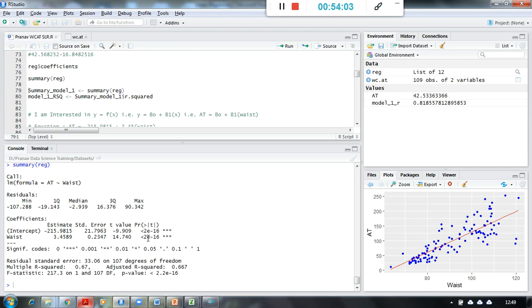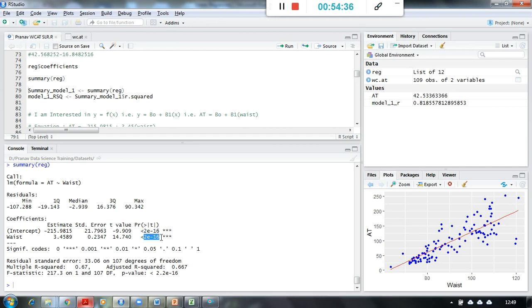low, which means that my error is low, right? P low, null goes. So when P low, null goes, it means I shall go ahead and take the alternative hypothesis. Here, the p-value is 2 into e to the power minus 16, which again is a zero value.